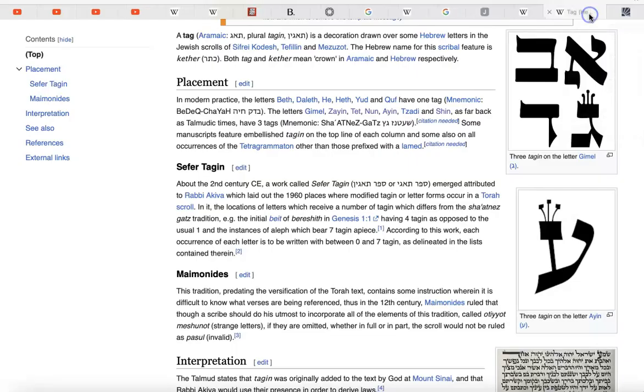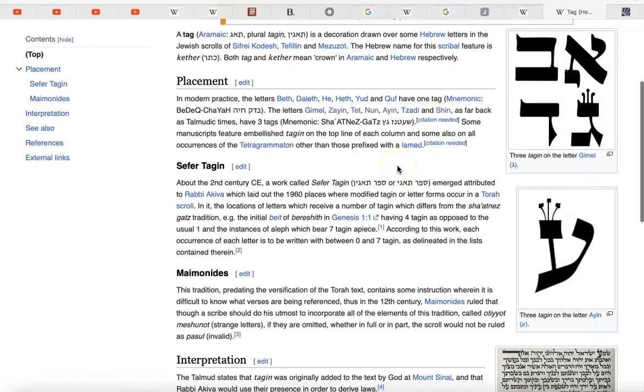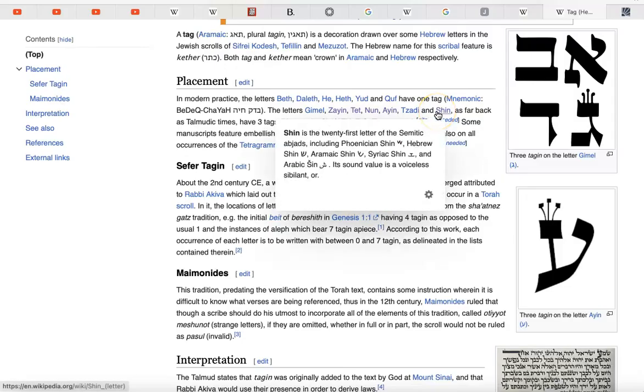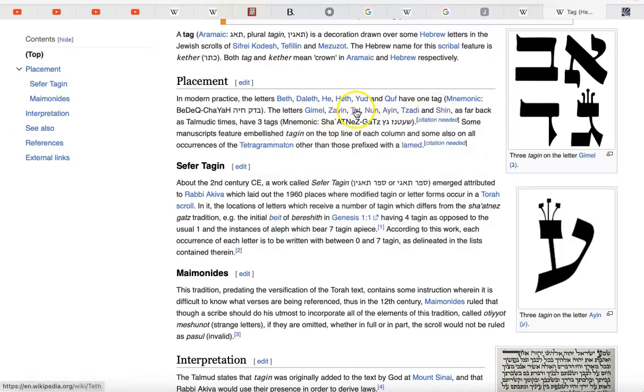I was baffled by that. But anyway, Gimel, Zayin, Tet, Nun, Ayin, Tzadi, and Shin. Those are 7: 1, 2, 3, 4, 5, 6, 7.